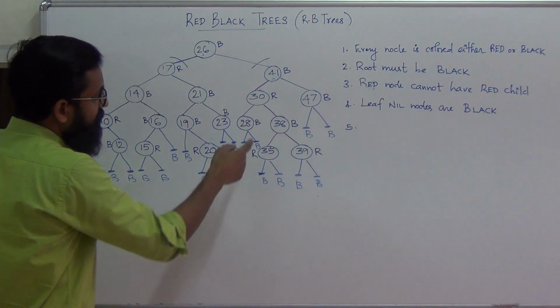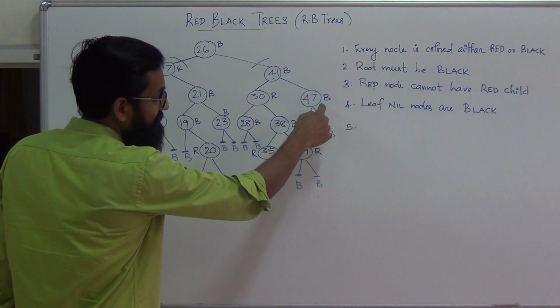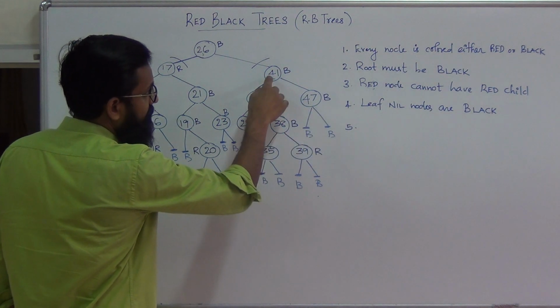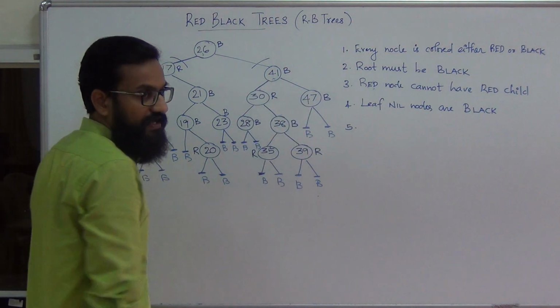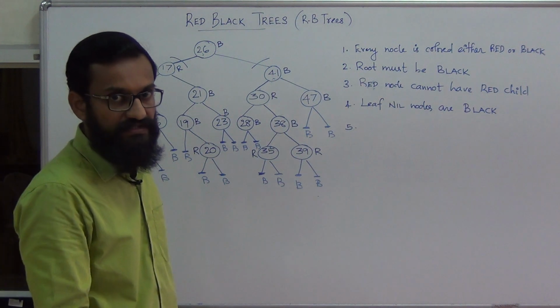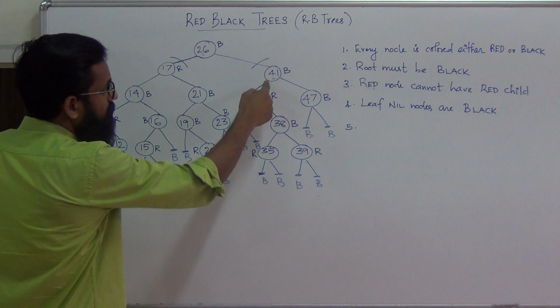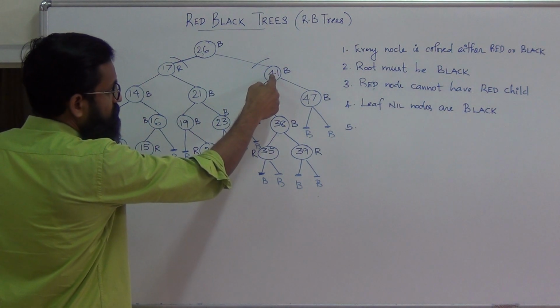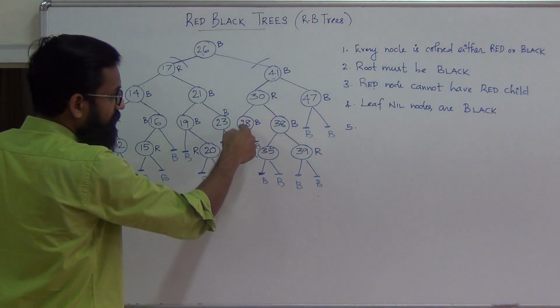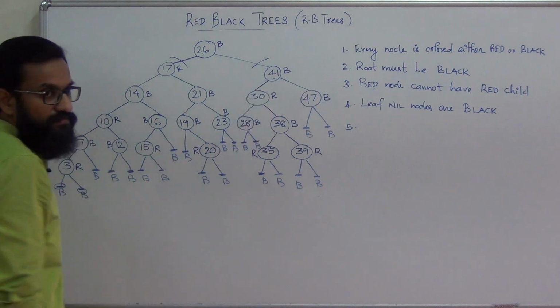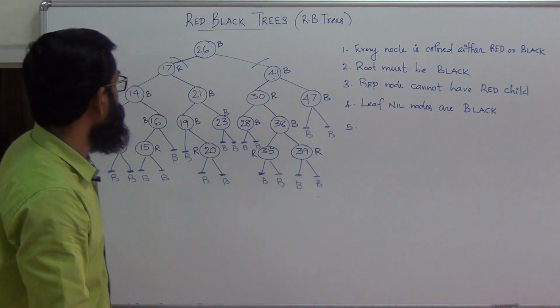You can consider another descendant leaf of 41, that is 47. Take the path from 41 to 47 and count the number of black nodes. The number of black nodes is 2. You can take another descendant leaf, 28. Count the black nodes in the path from 41 to 28. It is 1, 2, so there also you have 2 black nodes.